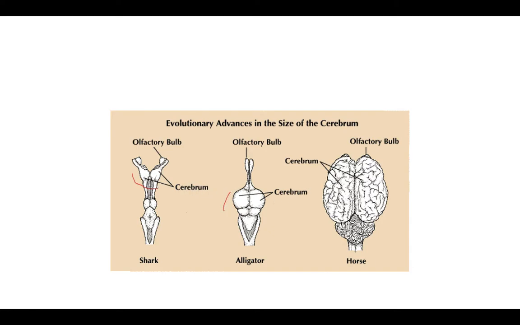And in the horse, it's much, much bigger. And in fact, it's got that wrinkly surface to it to actually increase the surface area in a small space. So you don't have to memorize any of that, but that's an example of the changes through millions of years of evolution in the brain.